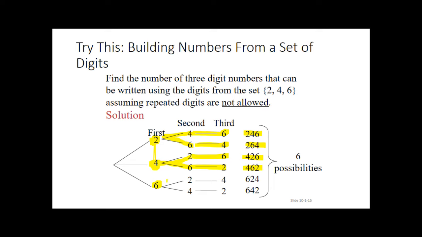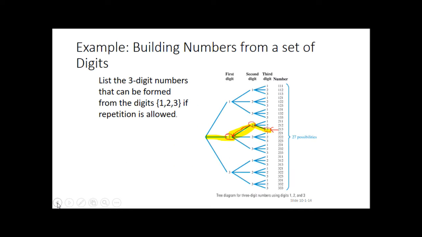And then finally, it could have been that the first digit was a 6, in which case the second digit could only be a 2 or a 4. In the case that the second digit was a 2, that only leaves a 4 for the third digit, and if the second digit was a 4, that only leaves a 2. So we get the 3-digit numbers 624 and 642. So altogether, there are exactly 6 possibilities. A lot fewer than the previous slide where we had 27 different possibilities because repetition was allowed.